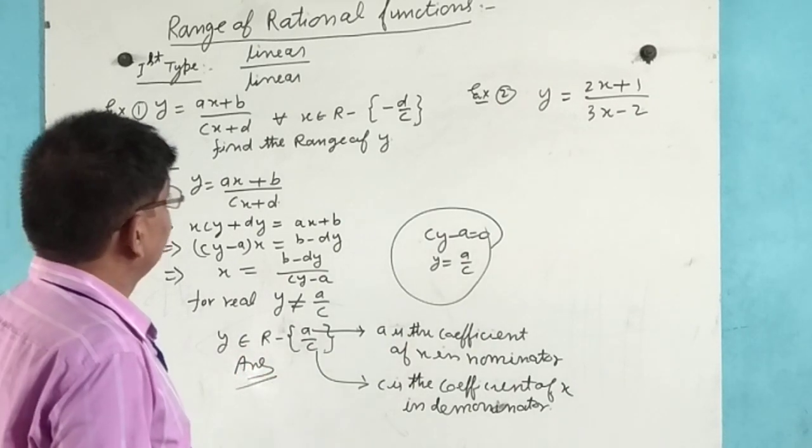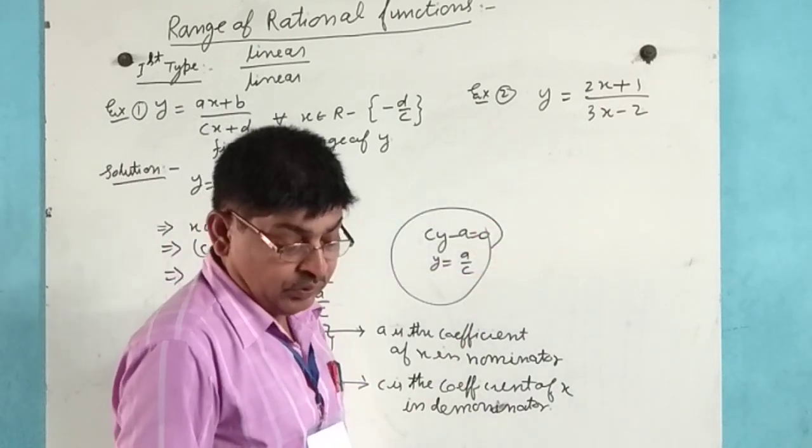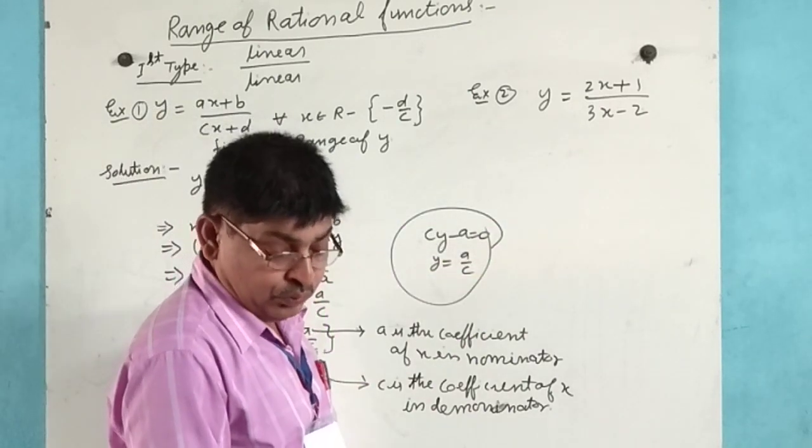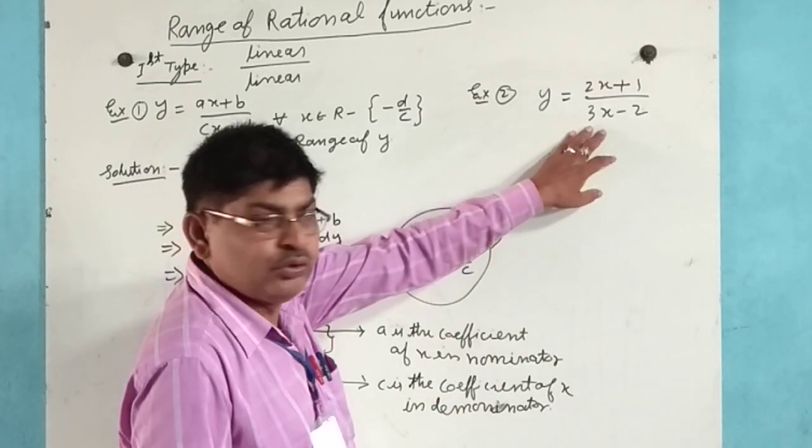Now we take an example: y is equal to (2x plus 1) divided by (3x minus 2).